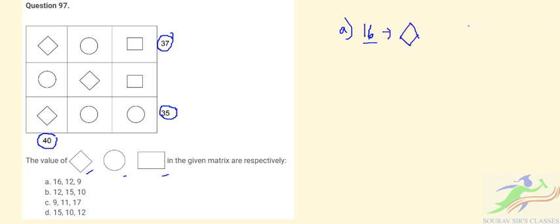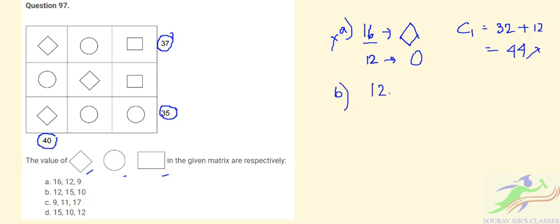From column 1, 16 plus 16 is 32, and if we consider the big O, the round shape, as 12, that is 44 already, which is not the correct option. So A is not correct.